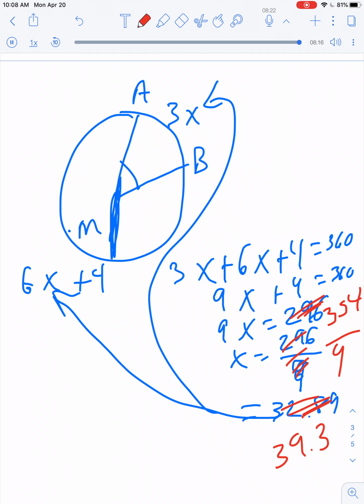Don't forget that. Okay, that's about all you need to know for section 10.2.